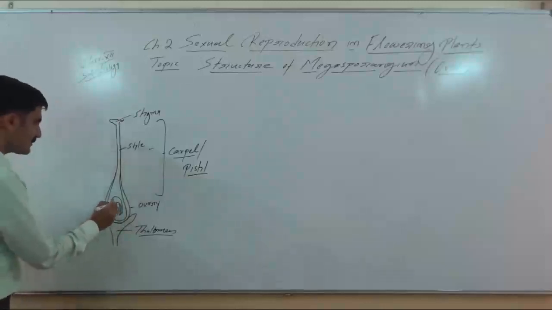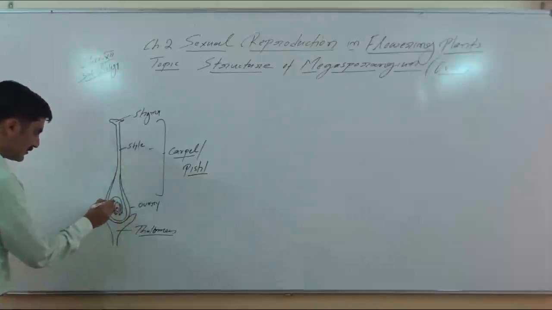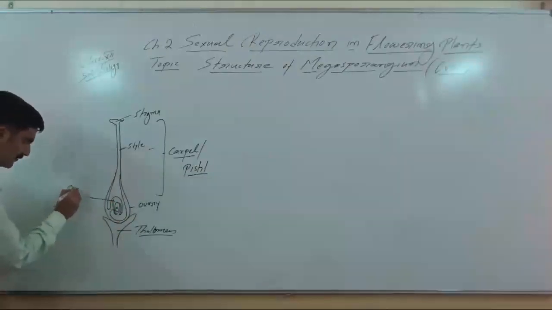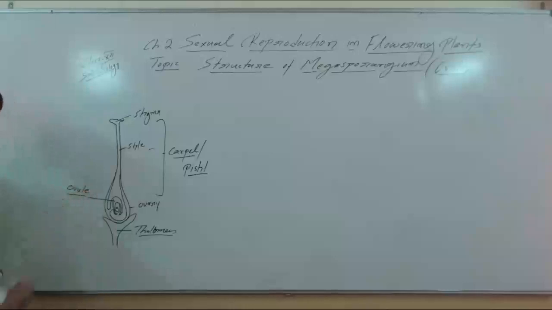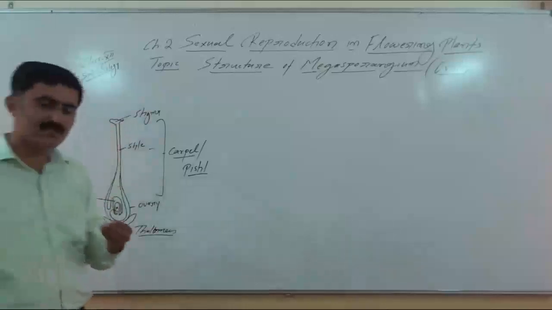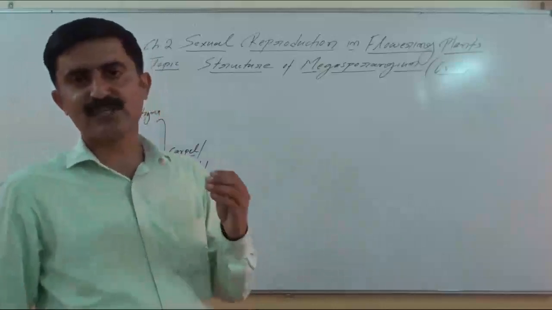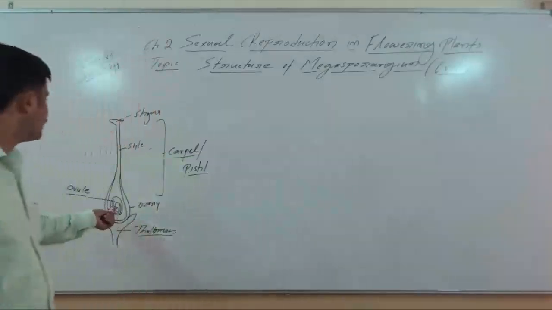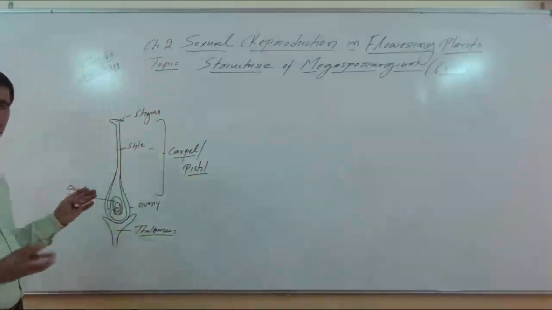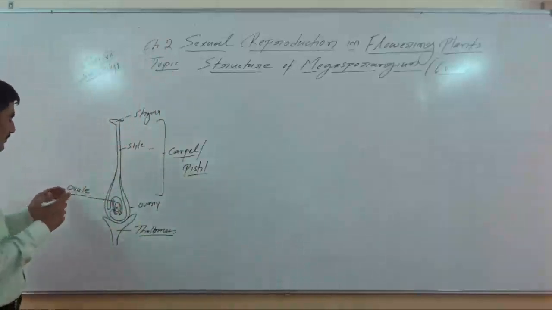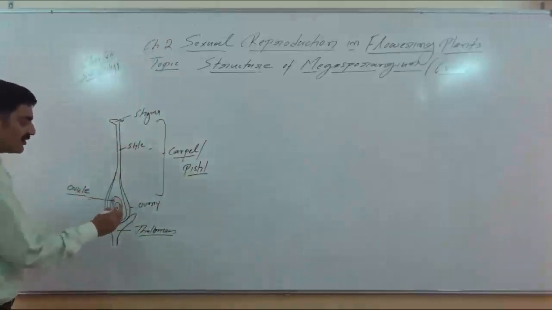This structure is called the ovule, also known as the megasporangium, because here megasporogenesis takes place. There may be one ovule or more ovules, depending on the plant. The ovule later develops into a seed.